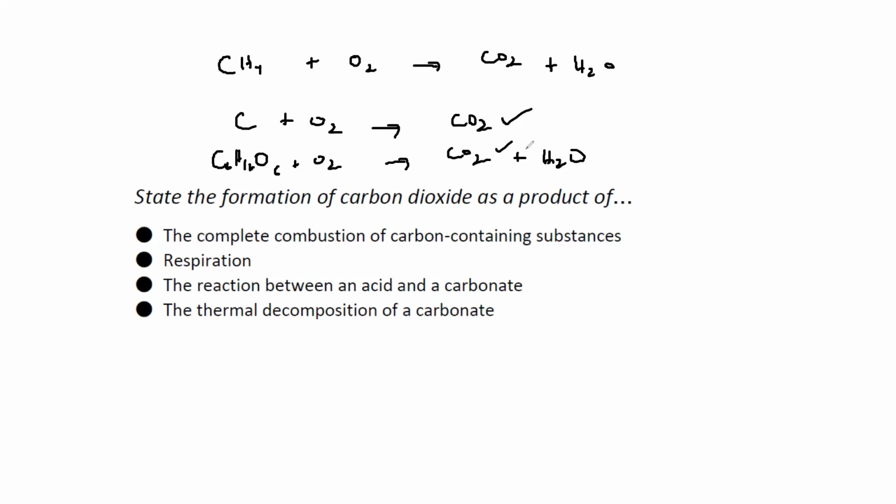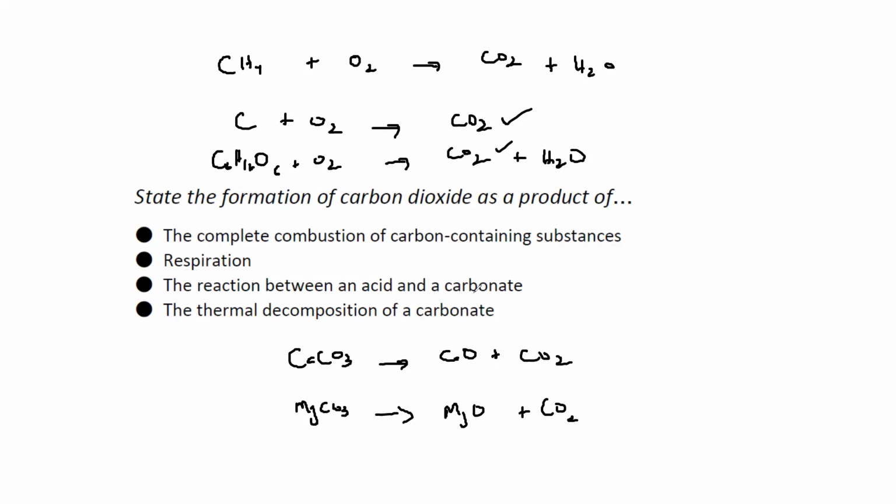So again, it gives out carbon dioxide. And thermal decomposition of carbonates: when we heat a metal carbonate like calcium carbonate, on heating it gives calcium oxide and carbon dioxide. If we heat magnesium carbonate, on heating it gives magnesium oxide plus carbon dioxide. So these are the sources of carbon dioxide, the ways by which carbon dioxide gas is released.